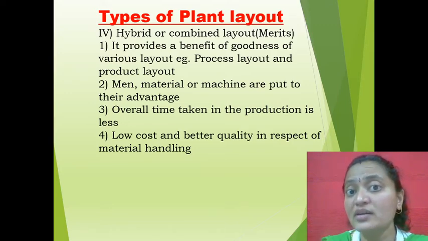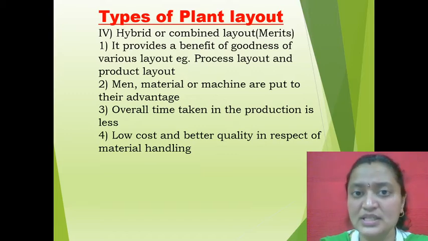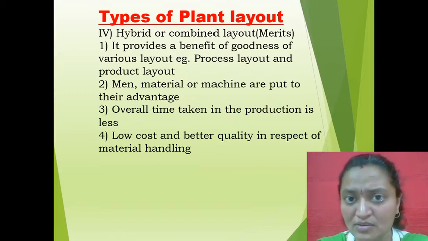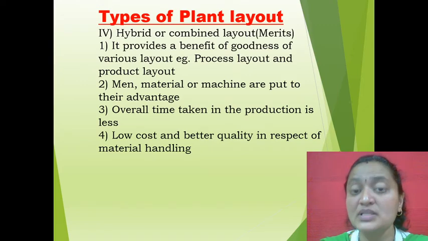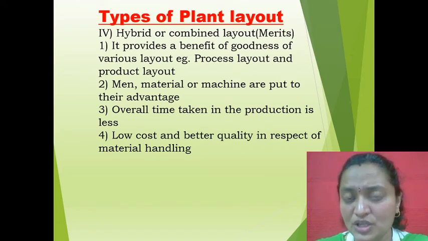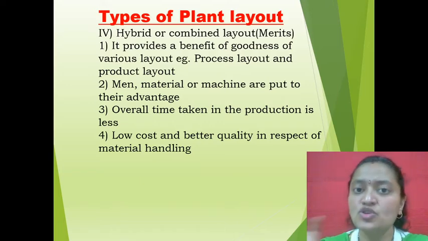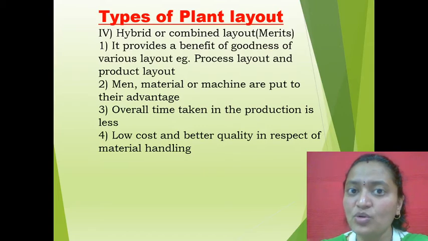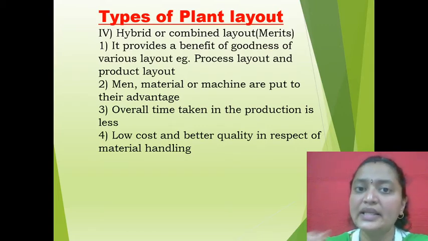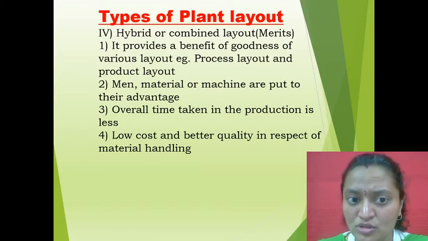We need to get a good output from that process, the flow of the process. If the product is manufactured properly, we should get a good quality output or good result. So that one part we had studied about the process layout. Similarly, you can understand it based on the product layout also.